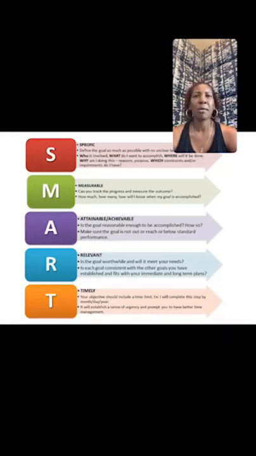So maybe they're a barber and they're a mechanic, and they start advertising the mechanic services alongside of their barber services. I'm a firm proponent against that. Even though I am holistically for cross-marketing, it needs to be relevant cross-marketing. Just like you need to have relevant goals.